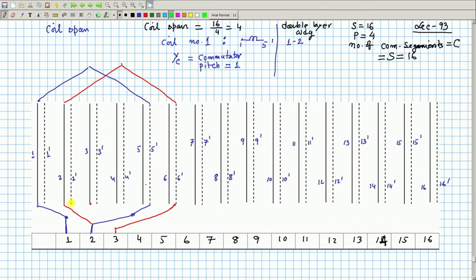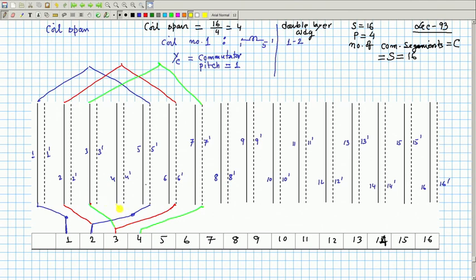And then you connect the third coil in series. It goes like this. It will come back through 7 dashed here, and it will be terminated on 4. Then 4 starts, got the point? And this way it will continue.